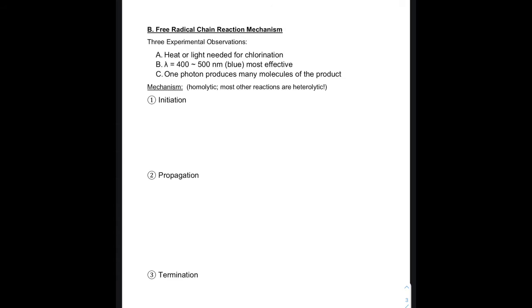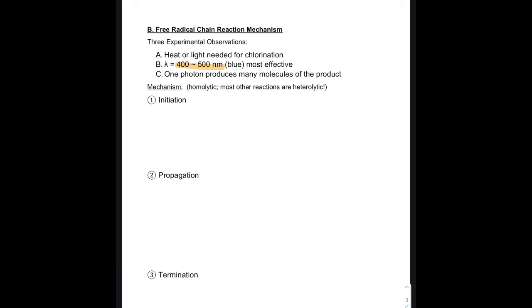And if we're going to use light, the most effective kind for the radical chlorination reaction is a wavelength somewhere between 400 to 500 nanometers, which falls in the visible light range, and it's about a blue light as far as color goes.